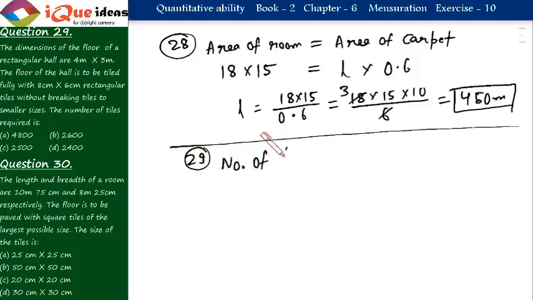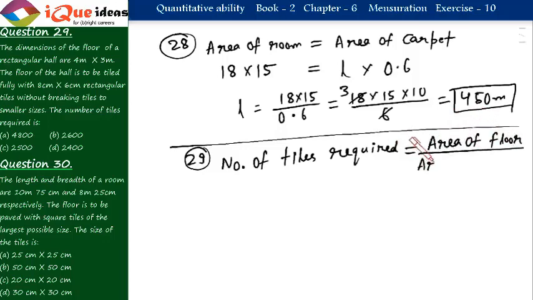See, the number of tiles required is straight away equal to the total area of the floor divided by the area of one tile, right?